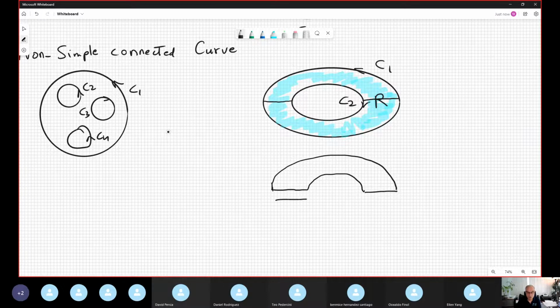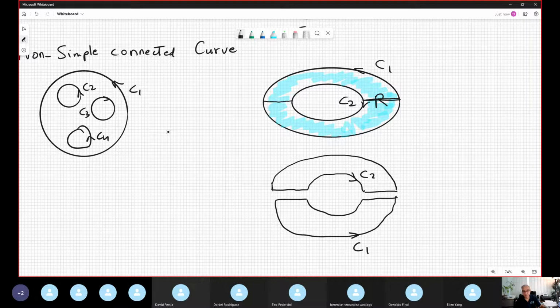And the second is this. And we travel, for example, here. This is C1. And I suppose que C2 is in this direction. And this I cross and separate.